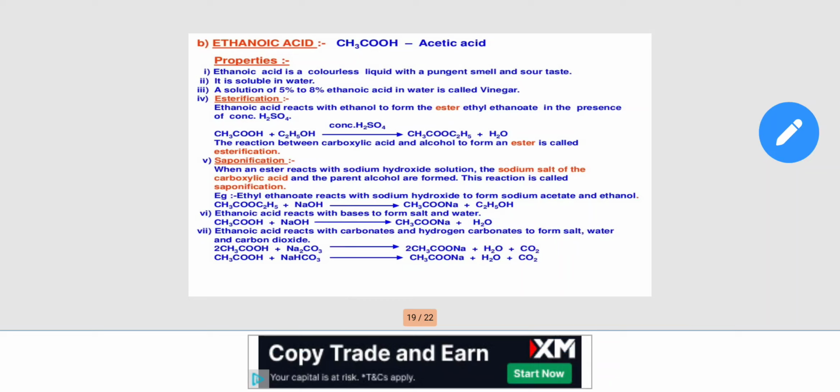CH3COOH plus Na2CO3 gives CH3COONa plus water and carbon dioxide. CH3COOH, ethanoic acid, reacts with sodium hydrogen carbonate and gives CH3COONa, H2O and carbon dioxide also.